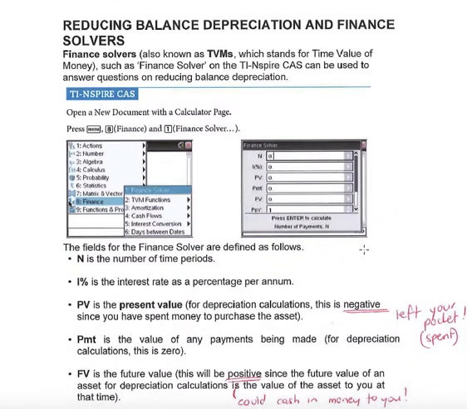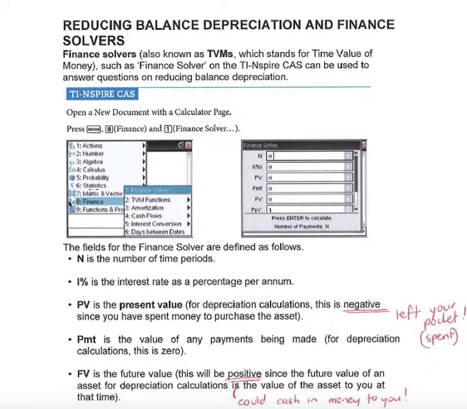Now, if you have a look down here, you'll just need to follow the steps on your TI-Nspire CAS. So what you'll need to do is go into menu 8, which is finance, and 1, finance solver. So you may want to highlight those notes there.